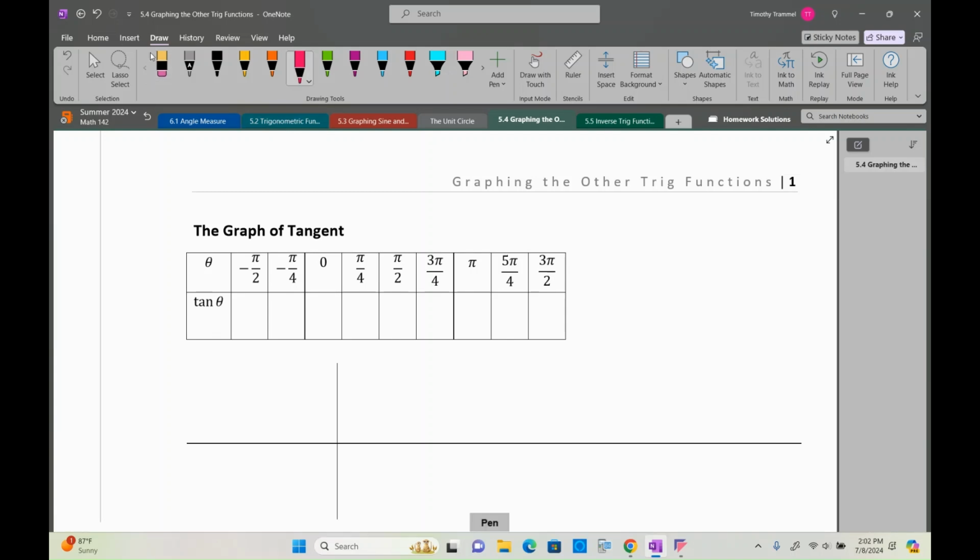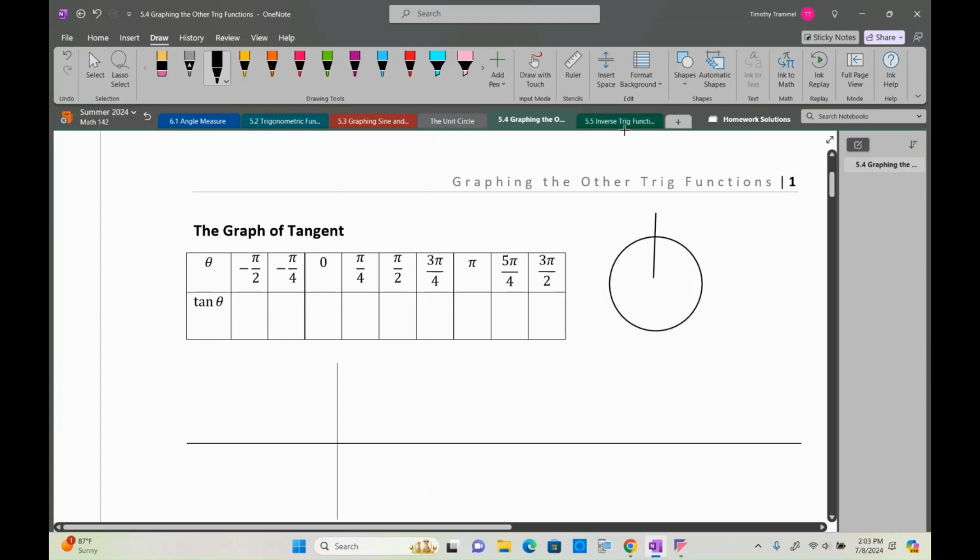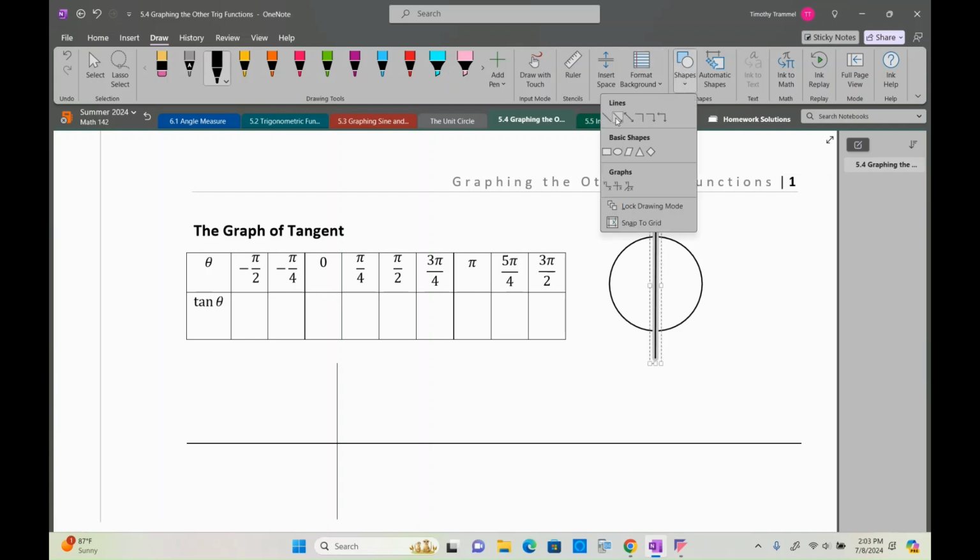Let's start off with some of the easier ones, okay? Instead of actually going over to our unit circle, I'm just going to make us one, because a lot of the points that we're going to need are just going to be the ones on the axes. Won't be all of them, but many of them.